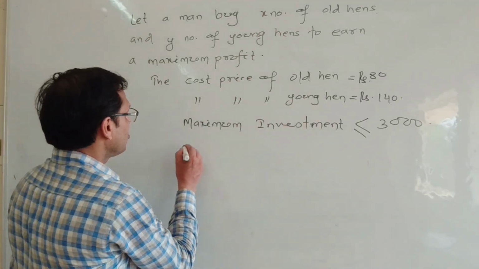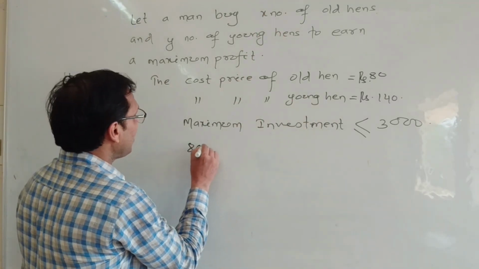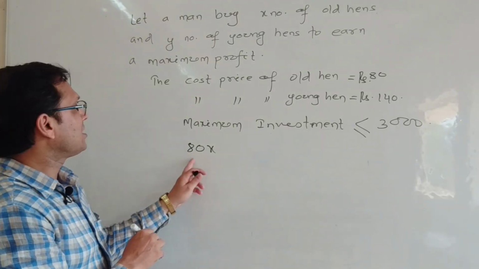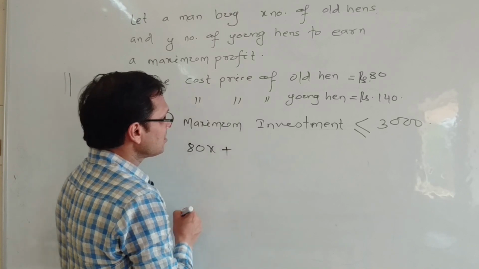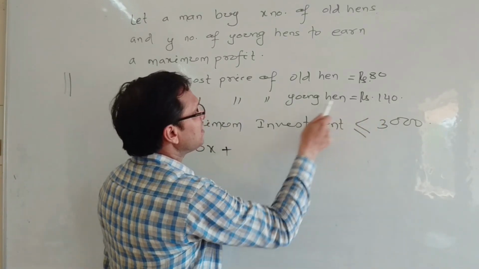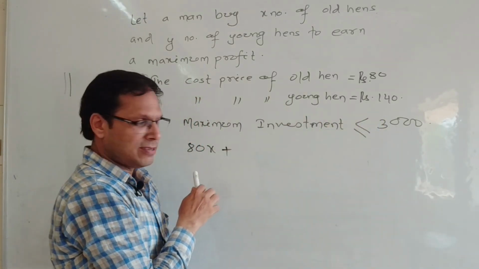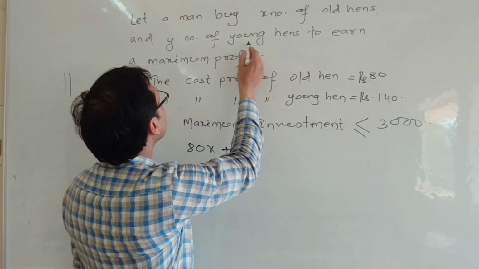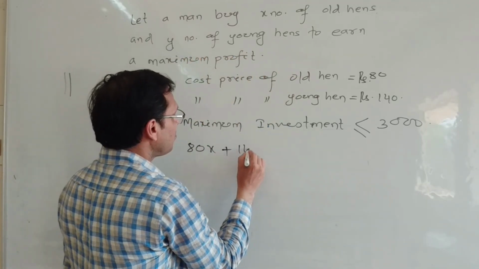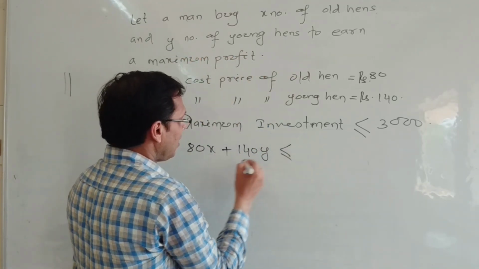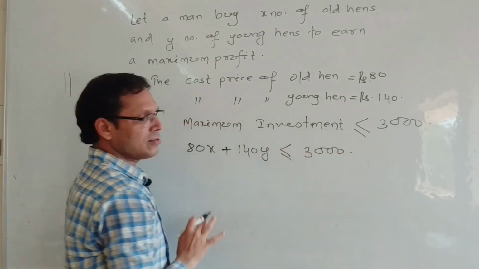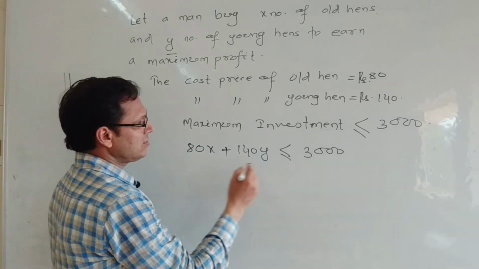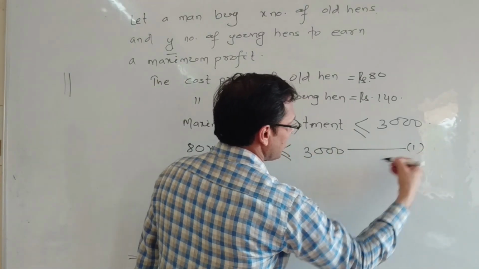So therefore 80X rupees invested on the old hen plus now 140 rupees for each young hen. So how many young hens are there? Y number of, so 140Y, and this one should be less than equal to how much? 3000. Okay, would you follow first? This one is the constraint 1.